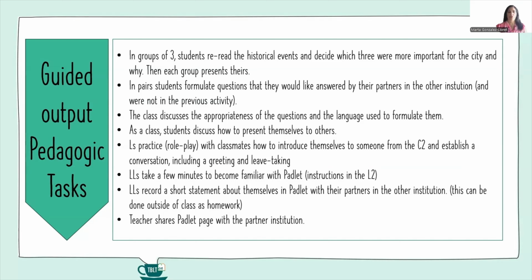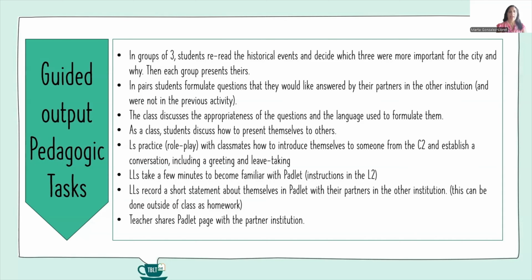In pairs, students can formulate questions to be answered by their partner in the other institution. And in class, they can discuss the appropriateness of those questions and the language used to formulate them, which also connects with the sociopragmatics and the pragmalinguistics of the language.